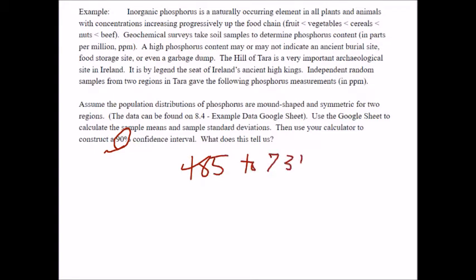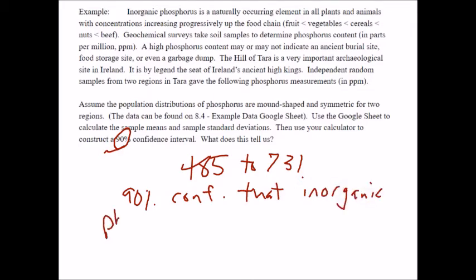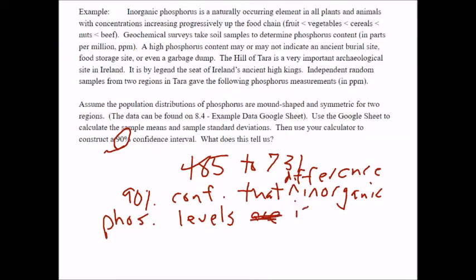What does this mean? 90% confident that the inorganic phosphorus levels, and I should put in here the difference, sorry, the difference between the inorganic phosphorus levels is between 485 and 731.